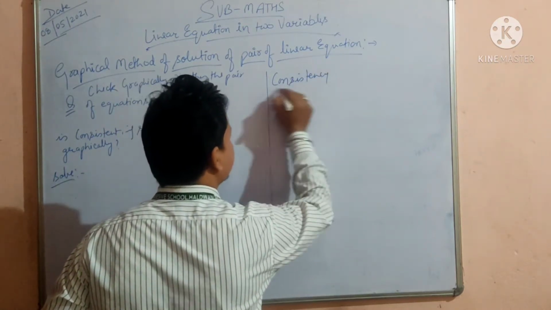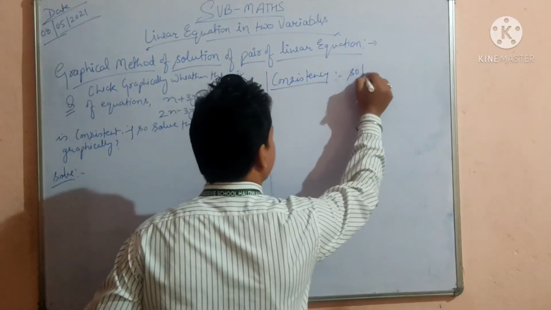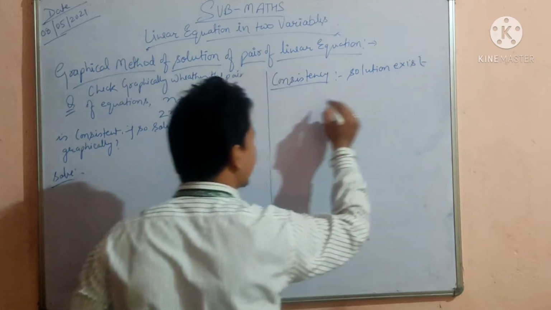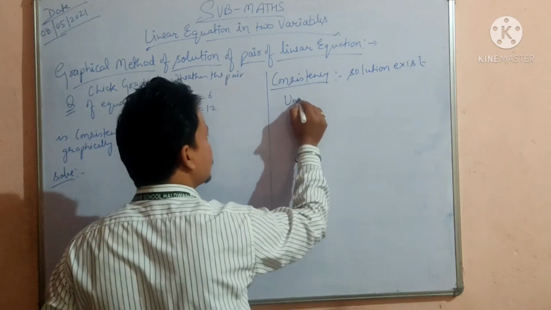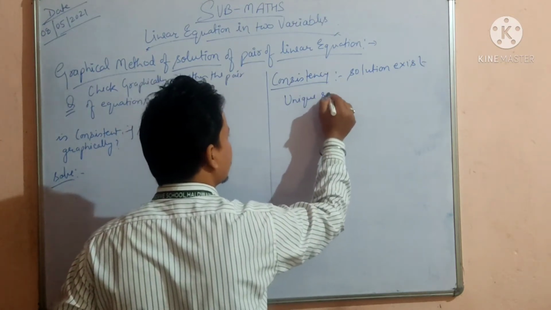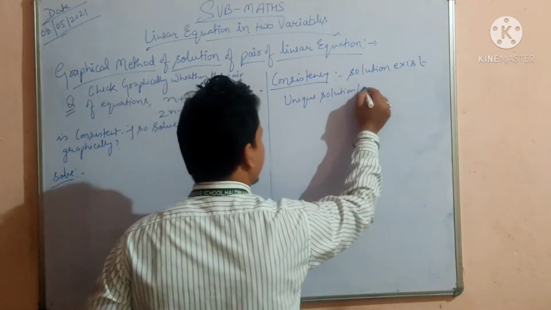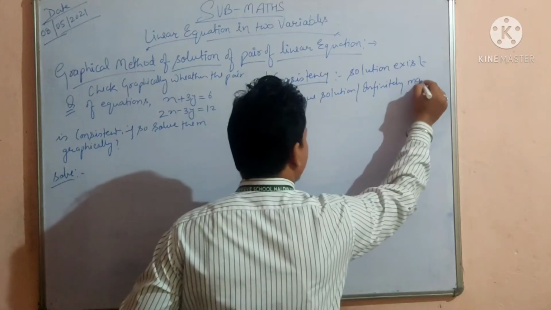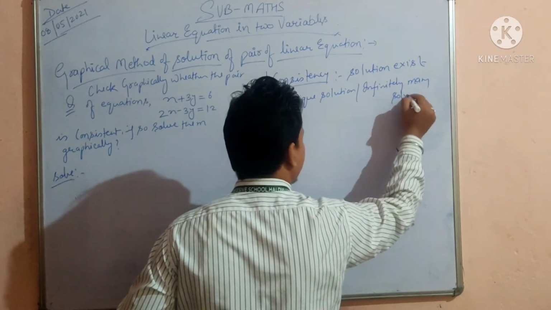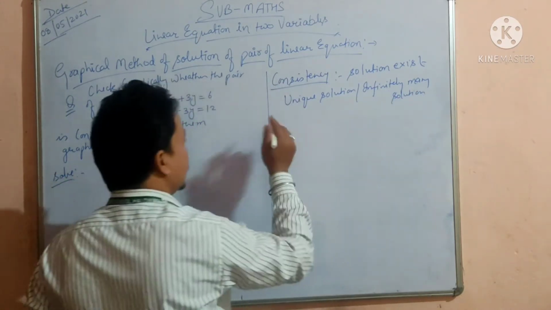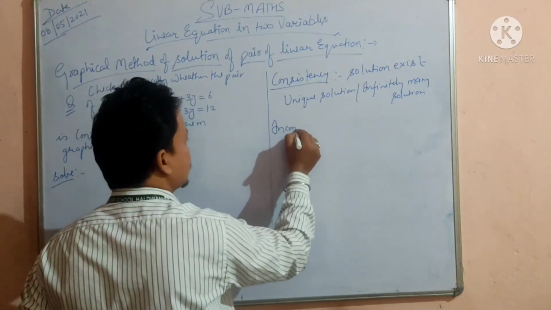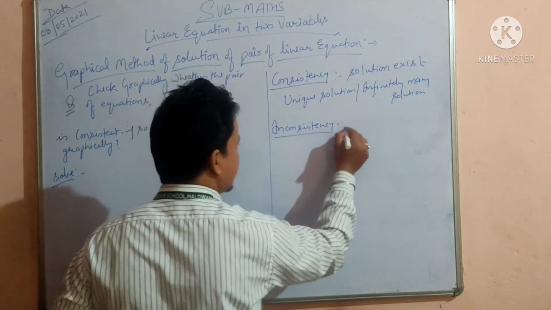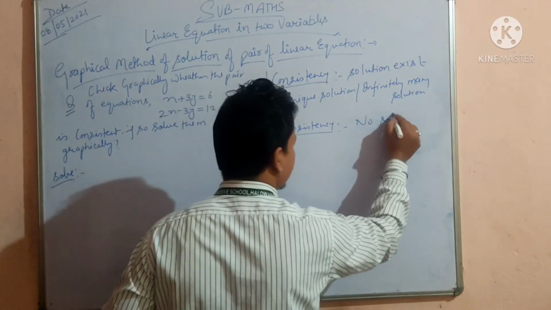Consistency means a solution exists, and it may be a unique solution or infinitely many solutions. And what does inconsistent mean? Inconsistency means no solution.